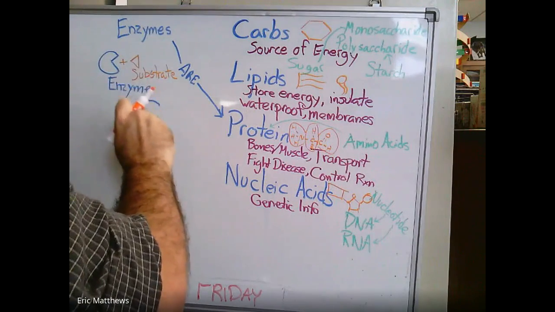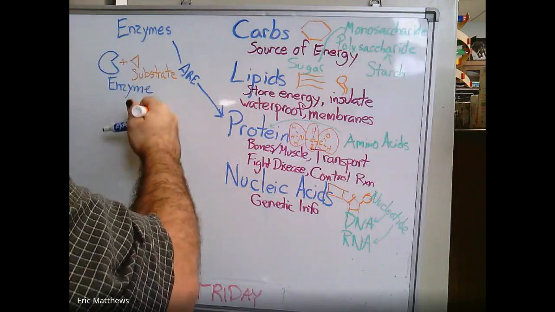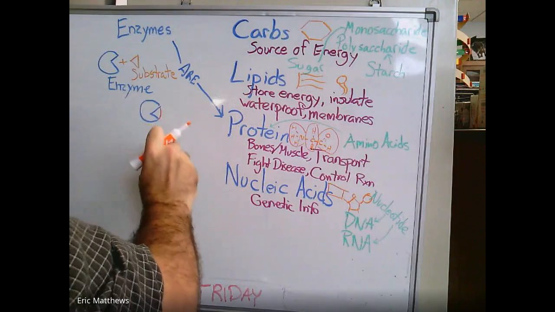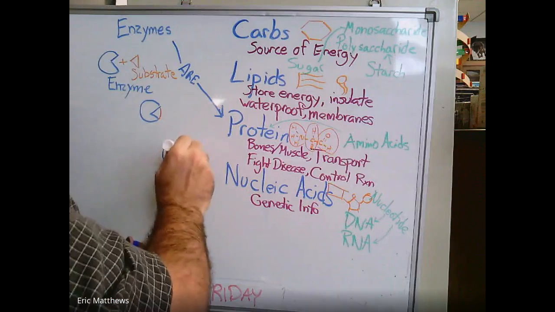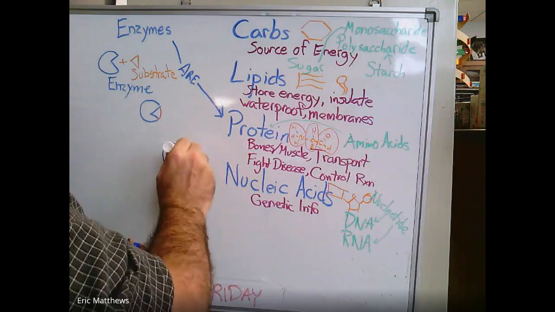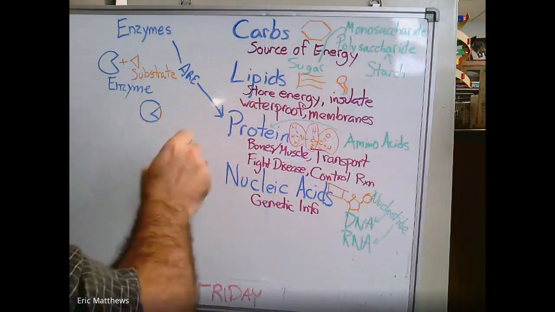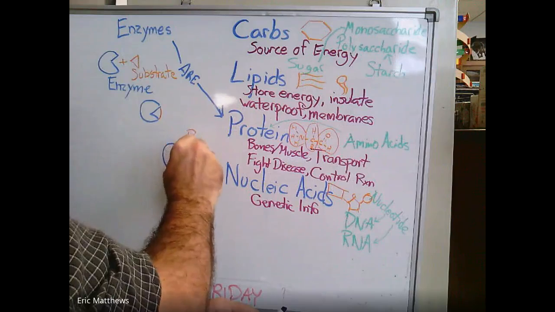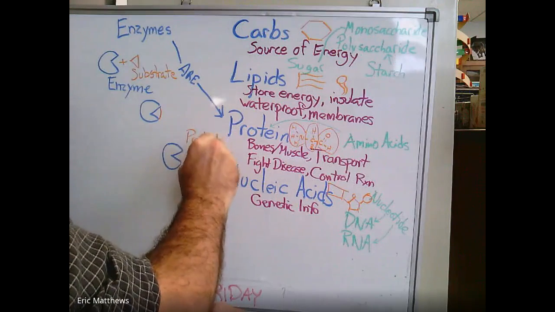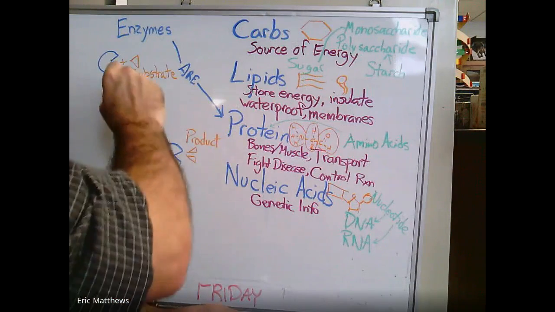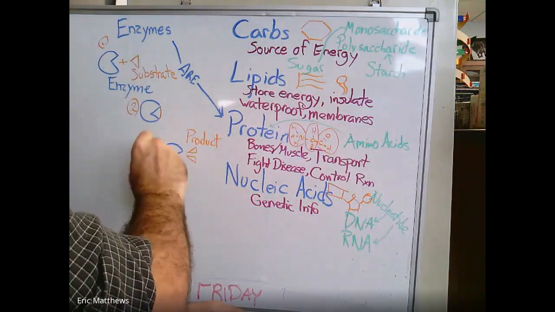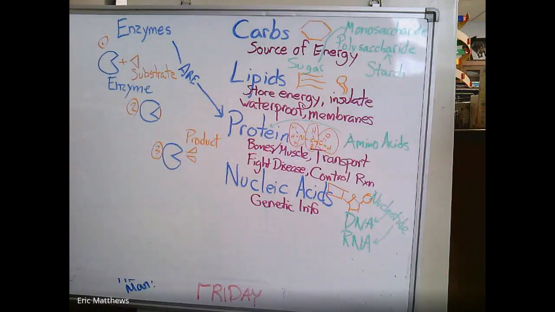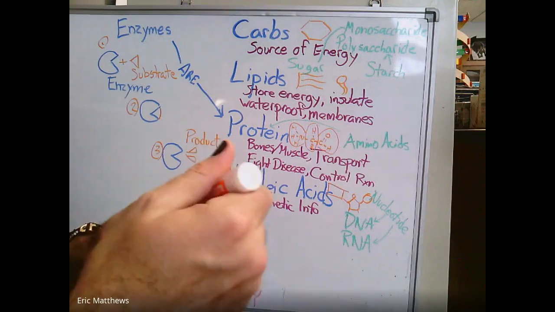That these two will come together. And then finally, the enzyme will break apart that substrate into the product. Number 1, number 2, number 3. The enzyme is the same at the end. Nothing for the enzyme has changed yet.